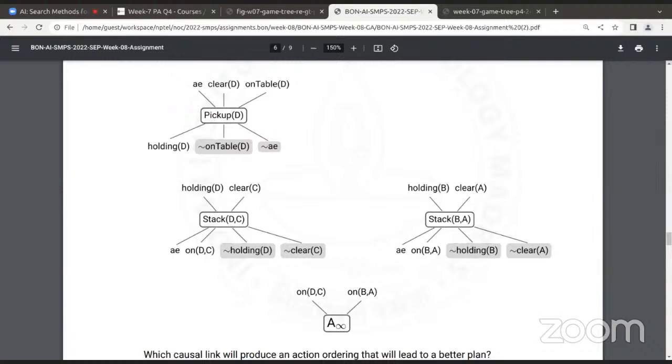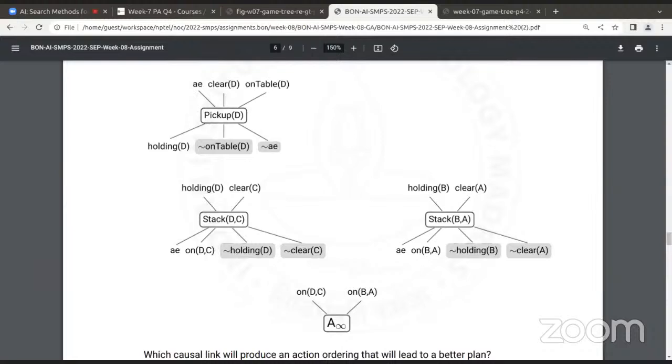Okay, to stack DC, what do I have to do before that? If I have to achieve stack DC, I should be holding D. Okay, right. For me to hold D, there are two ways in which I can hold D. One is I should have done an unstack of D from somewhere, or I should have picked up D from the table.